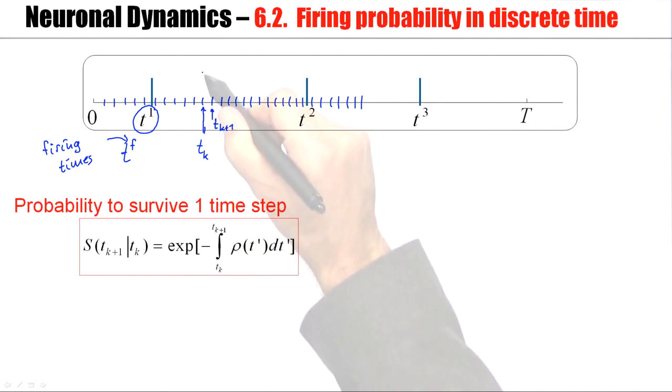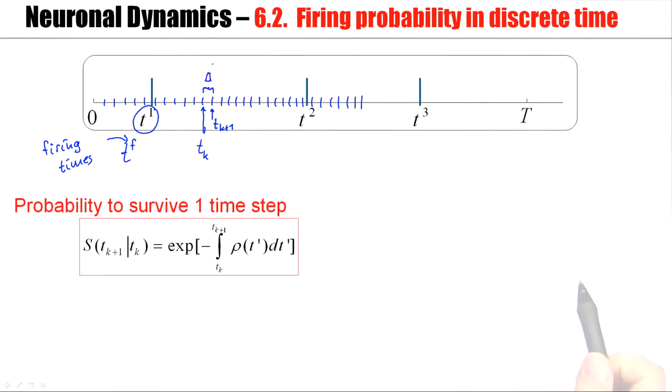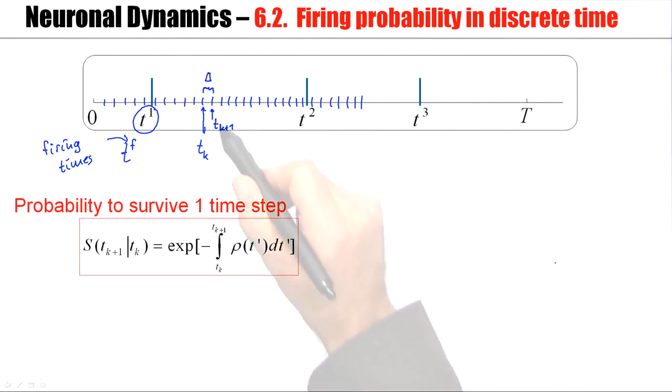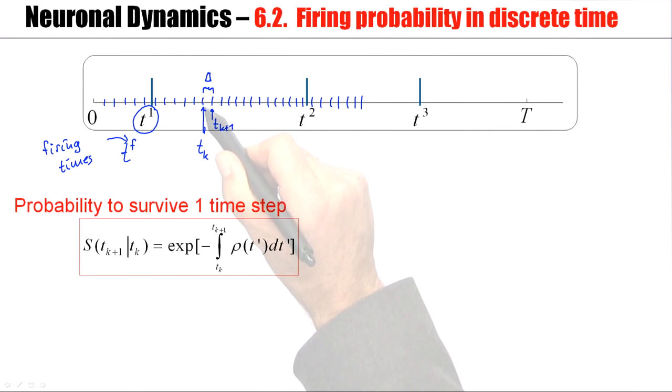So this duration here would be delta. And now the question is, I have my neuron model, the one with escape noise, with stochastic intensity, and I would like to know what's the probability that the neuron survives from tk to tk plus 1, the whole time step delta, without firing.